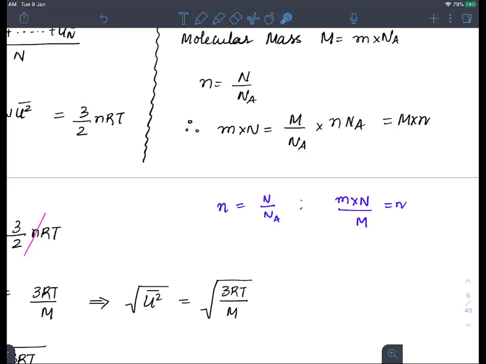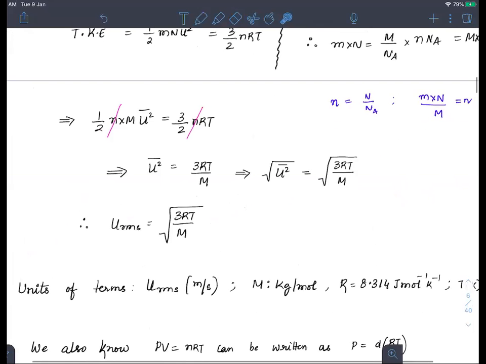So if I replace this n by n into Na, I would get that m into n is equal to M into n. Remember, this and this are different. Small m is the mass of a single particle, small n is the total number of particles. Capital M is the molar mass, capital N is the number of moles, right? So this m into n can be replaced by this M into n.